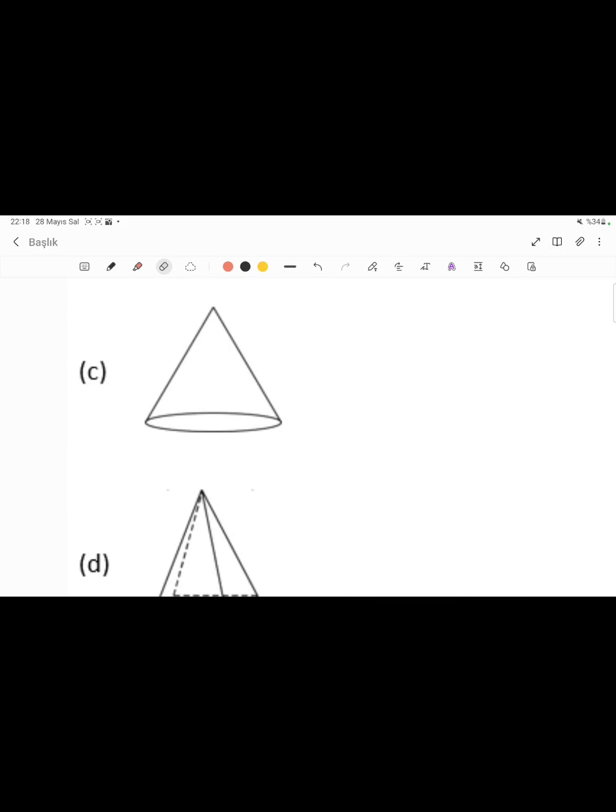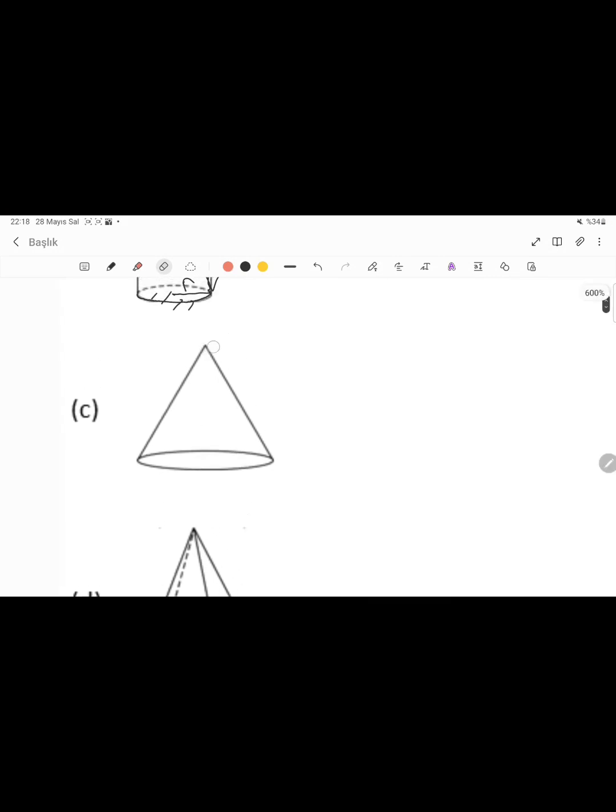Thirdly, I want to continue with the cone, and it has 1 vertex and 1 base. The base is a circle, so it has a radius, and the cone also has height. The volume of the cone is equal to pi times r squared times height divided by 3.